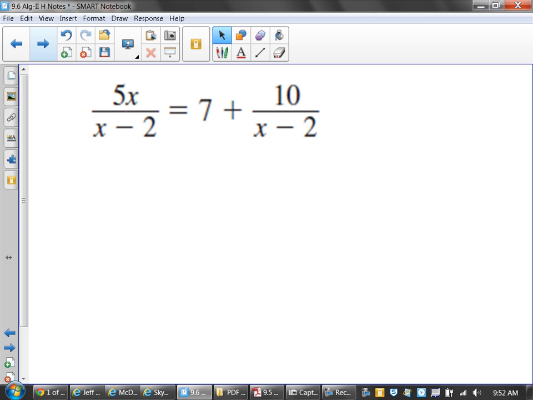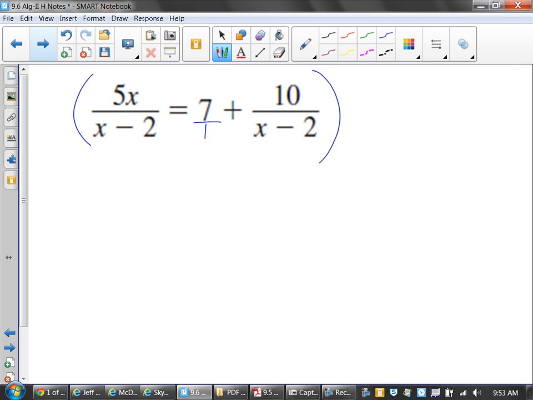Again, when I'm looking at those 3 different terms, how can I create a common denominator between them? What would it be? X minus 2. So if x minus 2 is going to be my common denominator, I'm going to multiply everything by x minus 2.